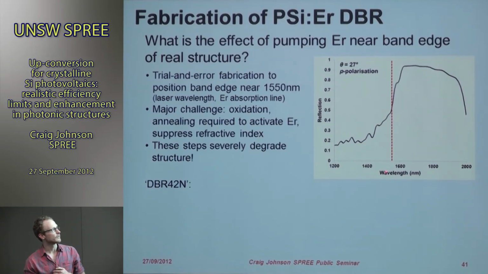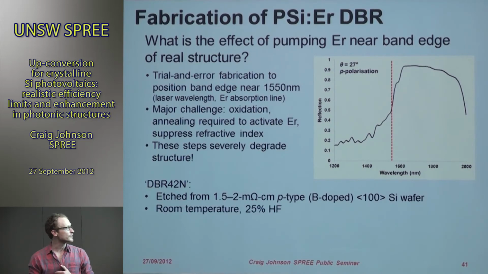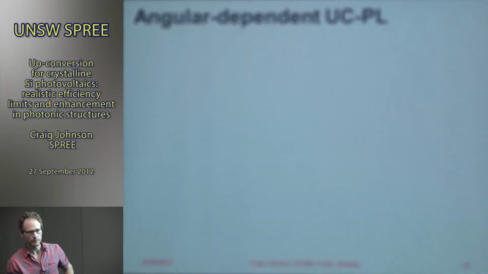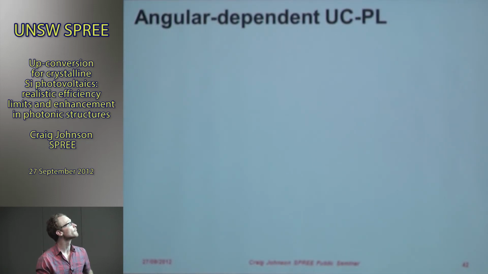And again, there's the 1550 nanometer mark sitting right on the band edge between the high and the low reflectivity regions. So this is this sample here, etched according to this recipe. I'm short on time, so I'm just going to fly through that. It's got 30 bilayers, so it's a moderate thickness with, in principle, a decent enhancement.